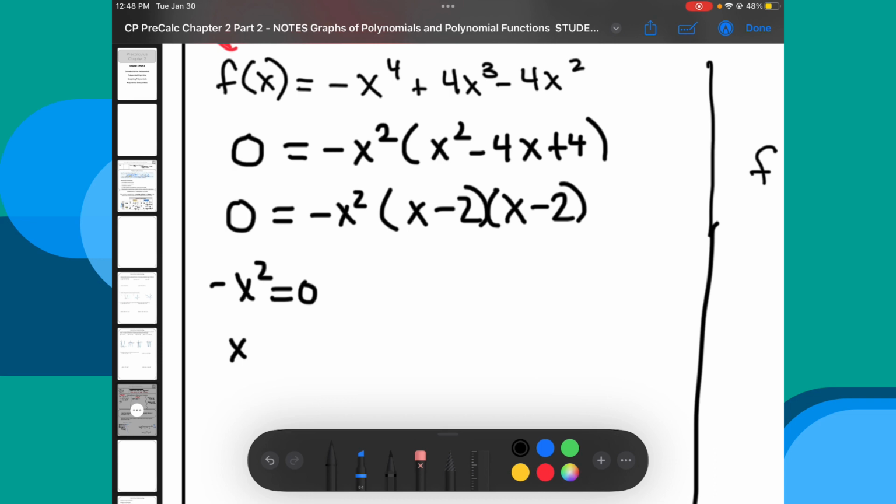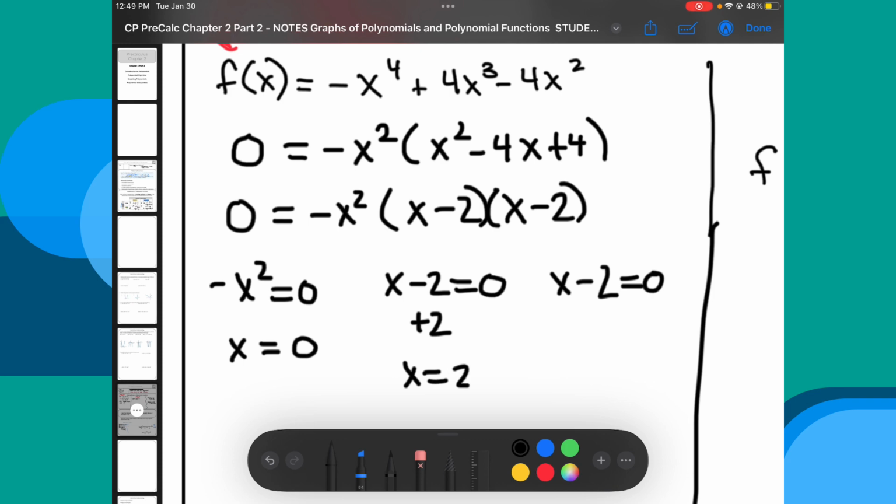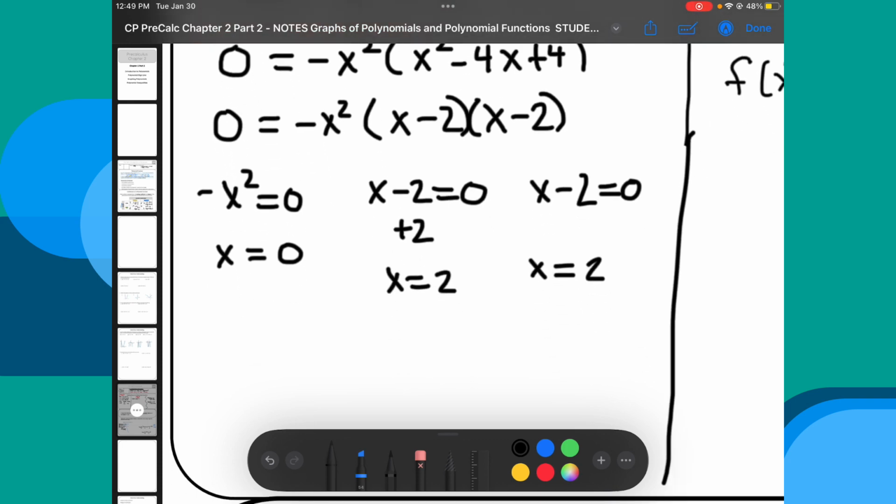So here, when we take the square root of x squared, we technically get a plus or minus 0. Now that's not a thing, so we just have one answer of 0, but technically it's 2. So when we solve both of these, we will also notice that we get 2 of the same answer. We have a special recognition for that.